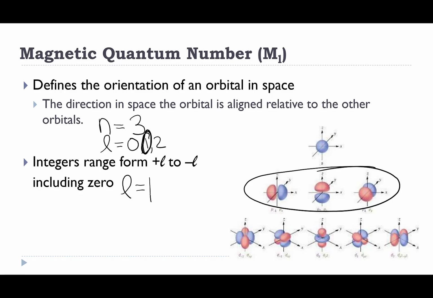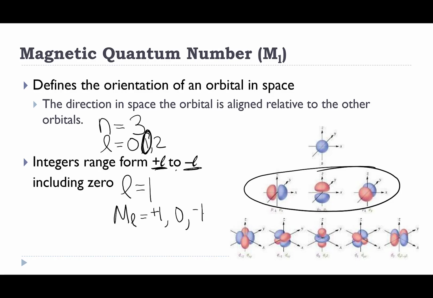Now we can talk about what the magnetic quantum number is. The magnetic quantum number is also a range. There are also options here. And it's going to be a range from positive L to negative L, making sure we hit 0 in the middle. So if our L value is 1, our options would be positive 1, 0, negative 1.